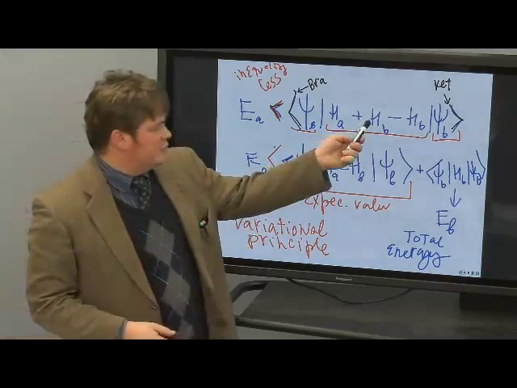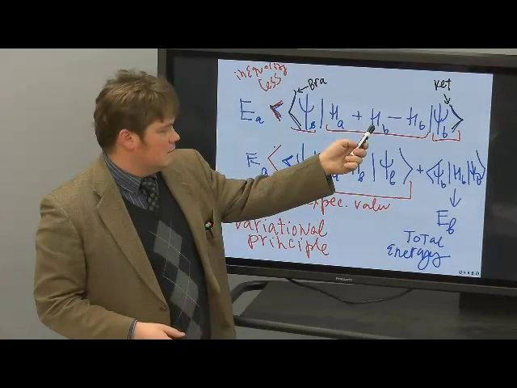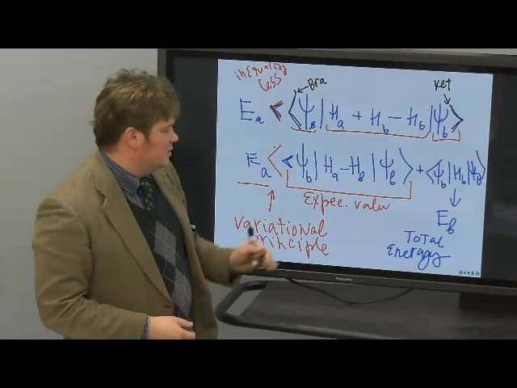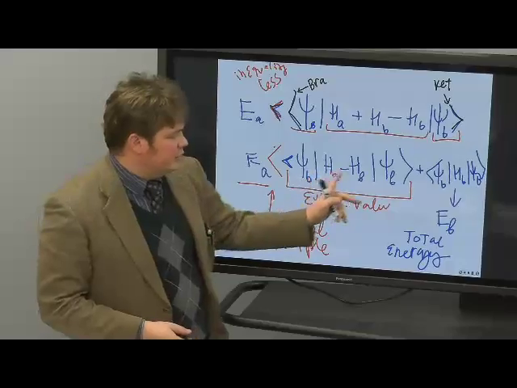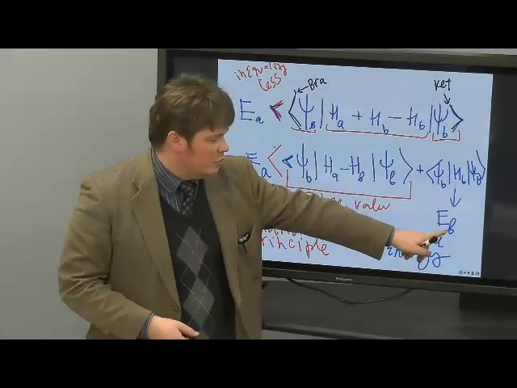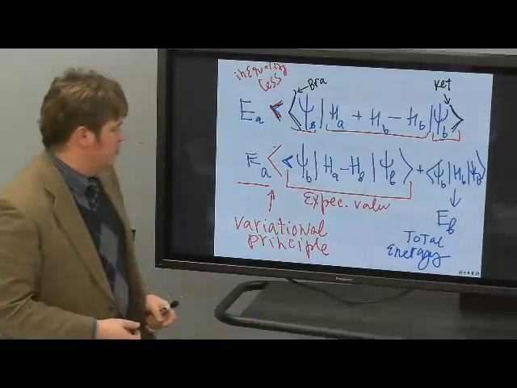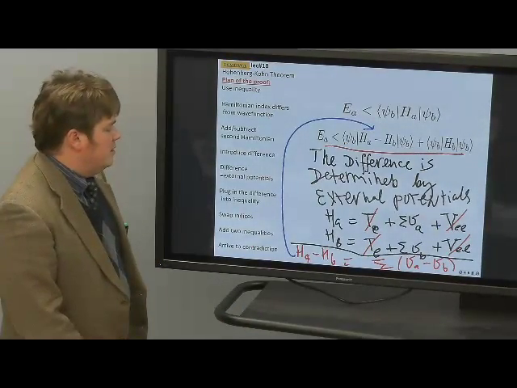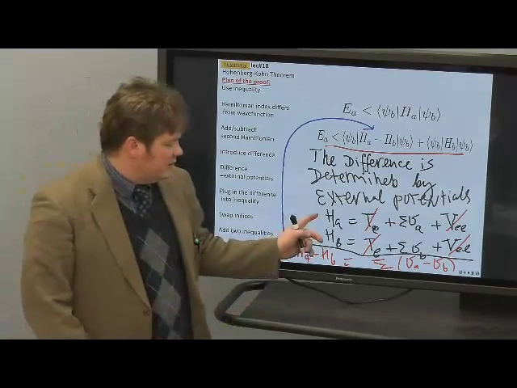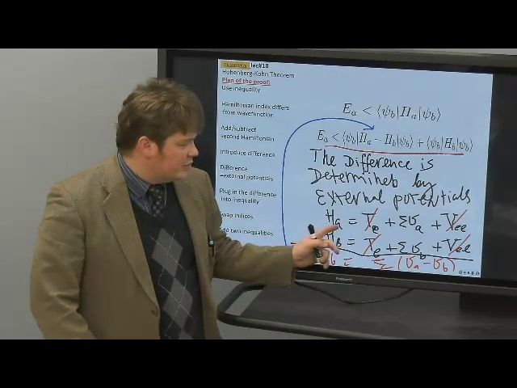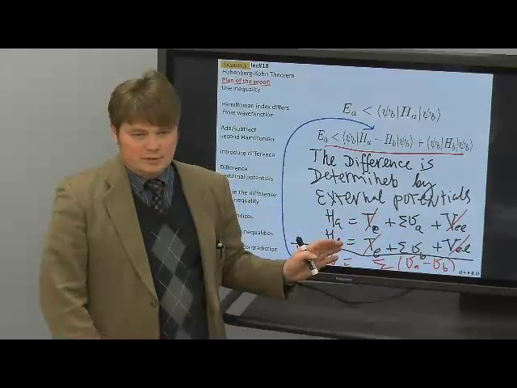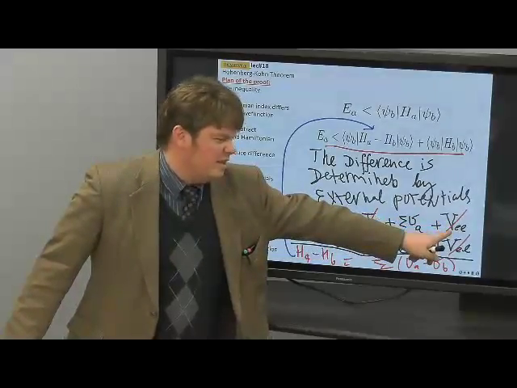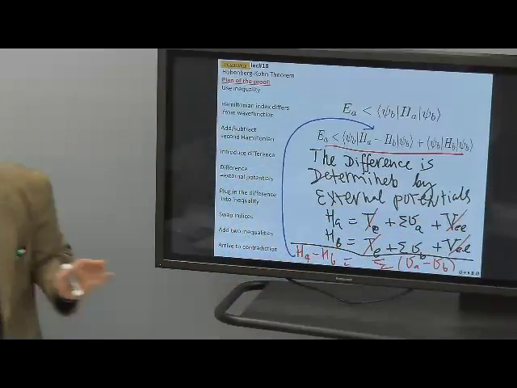Then we add and subtract the Hamiltonian from branch B and get two terms, one with the difference of Hamiltonians and another with the exact definition of total energy for branch B. Then we recognize the difference in Hamiltonians appears only from the difference in external potentials, because T and V_ee are operators, the same forever.